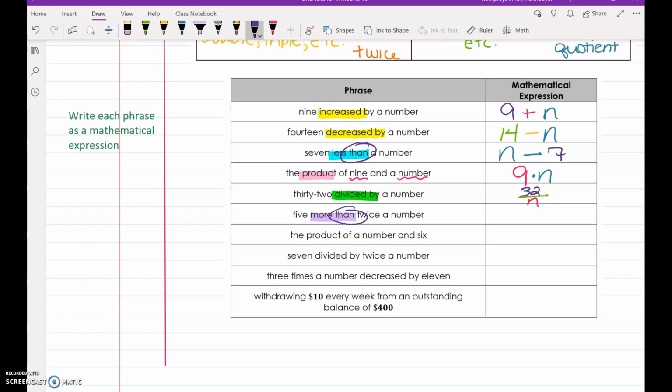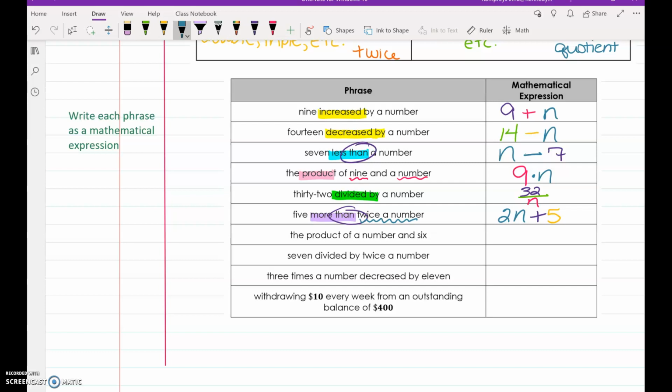When I see the "than," I just want to get into the habit of writing "more than," so plus. So 5 more than twice a number. Ooh, not just a number, but twice a number. So 5 more than 2n.